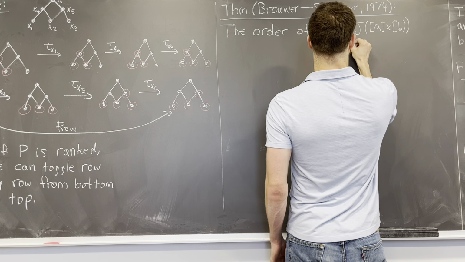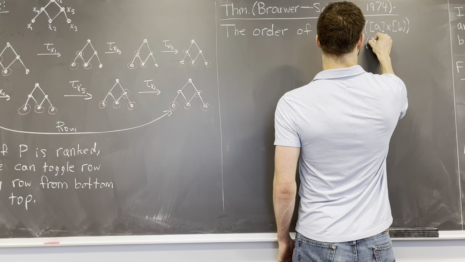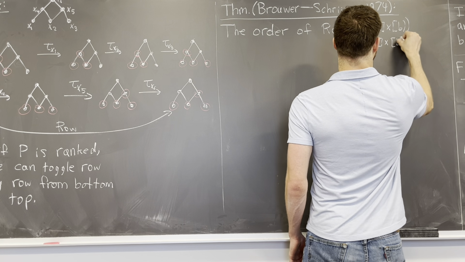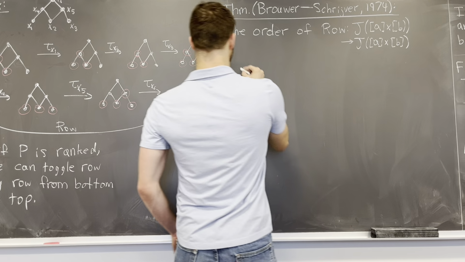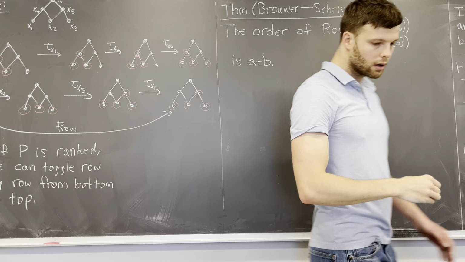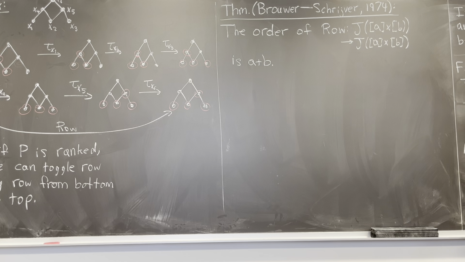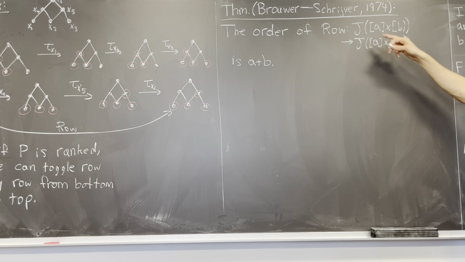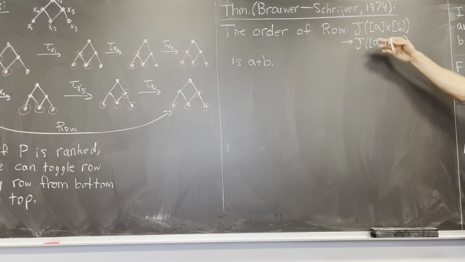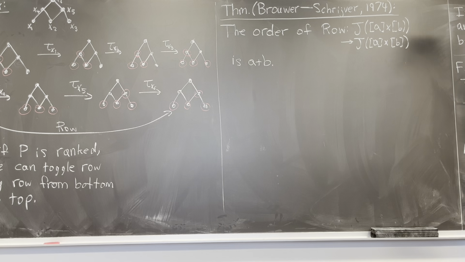Is A plus B. So what I mean by bracket A is my notation for just the integers from 1 to A, but I'll also think of it as the chain poset. So think of this as an A element chain.